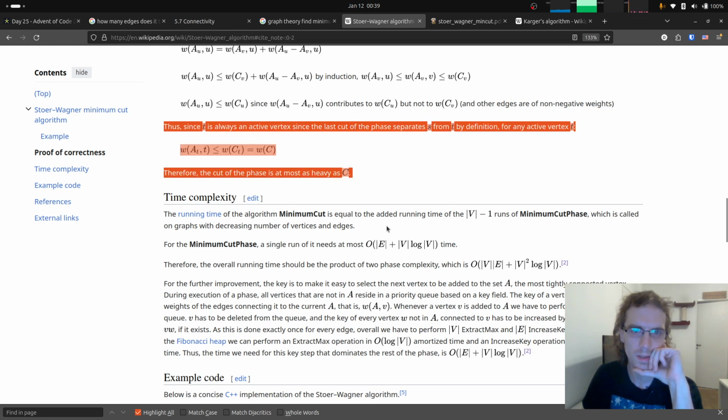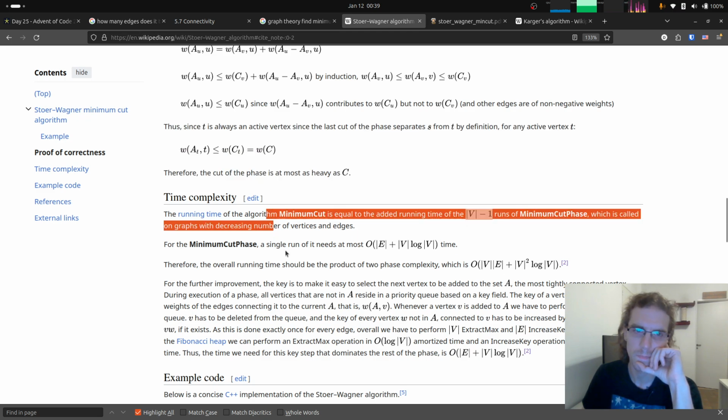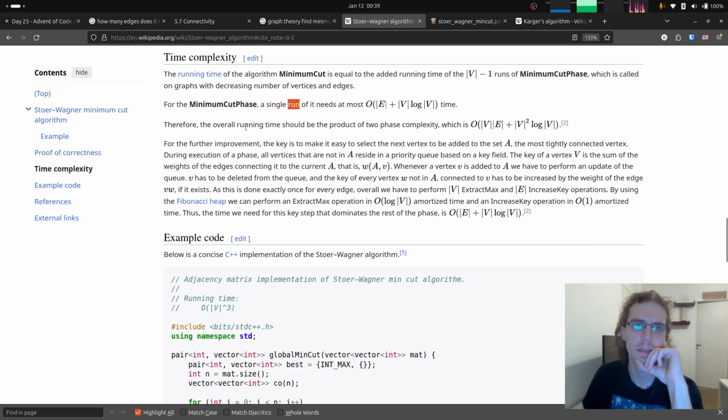Running time of minimum cut is equal to the added running time of V minus 1. Like, okay, it's polynomial. That's what we care about. To make it easy to select the next vertex to be added to the set A, the most tightly connected vertex, the vertices that are not in A reside in a priority queue based on a key field.